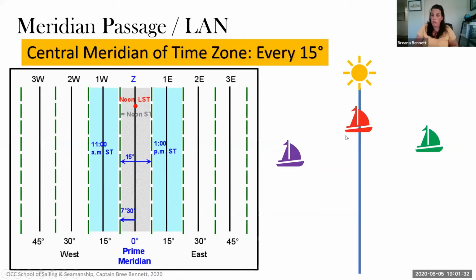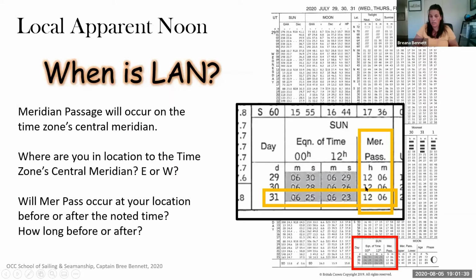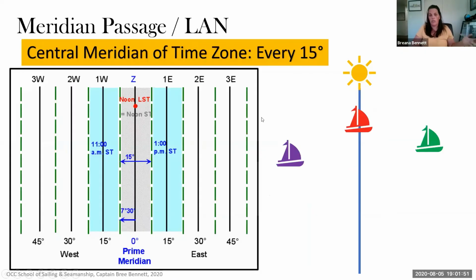So when we look up our meridian passage time in the book, are we to the east or west? Are we going to be way before this and miss it if we get out there at 12:06? Or are we going to be 15 minutes early and be out there for too long? So we need to calculate that time difference. Is this making sense so far of why we're doing this? Okay.